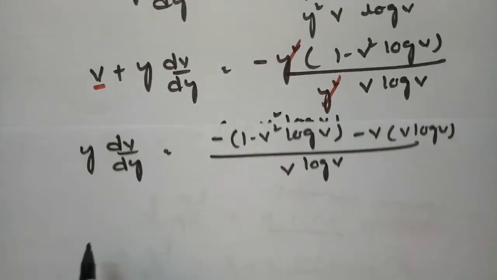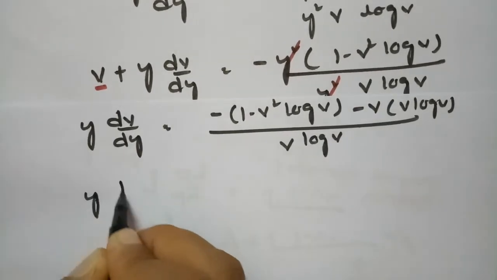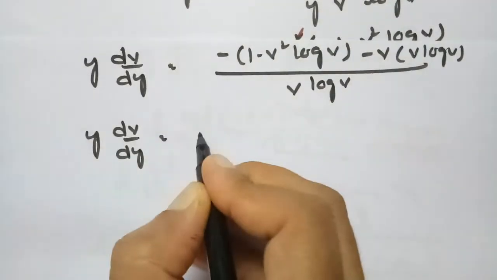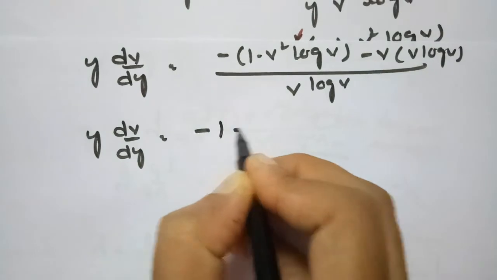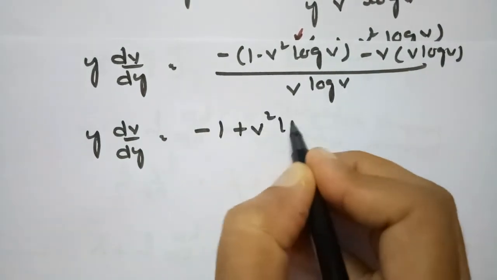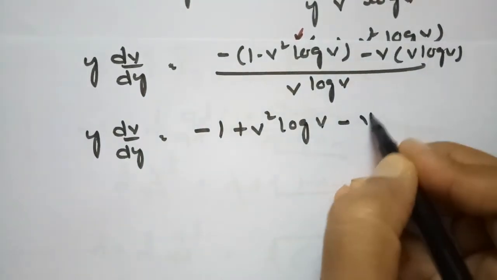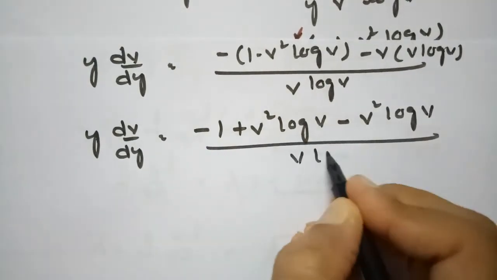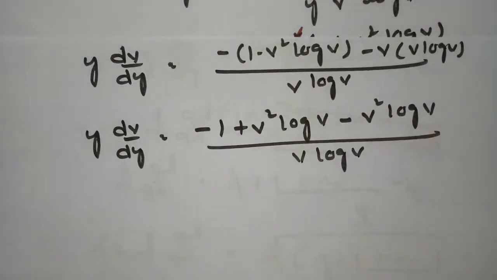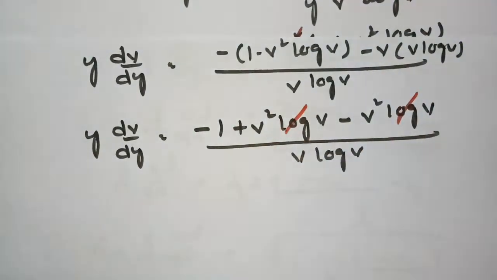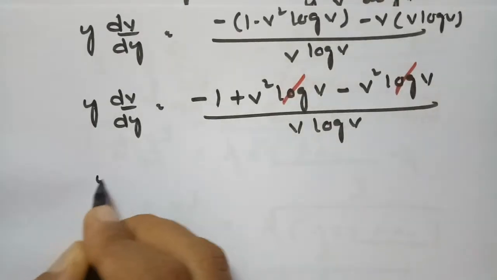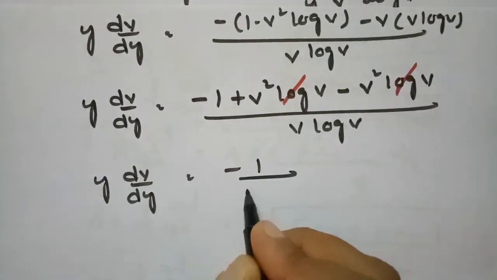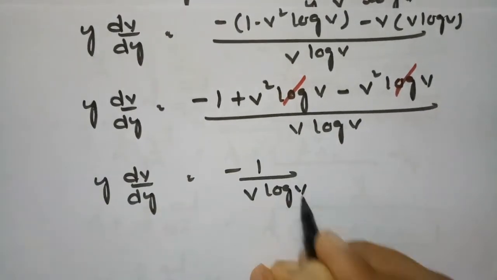If I multiply, this is minus 1, minus of minus, plus v square log v, and this will be minus v square log v, by v log v. Now if I cancel this plus and minus, what happens here: y into dv by dy is equal to minus 1 by v log v.